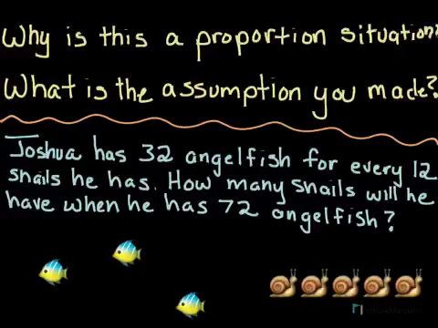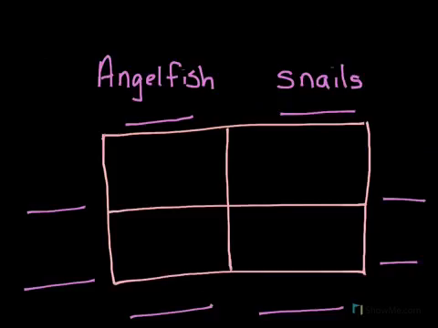One strategy to decide if it is a proportion situation is to use your factor puzzle. So, I drew a blank factor puzzle. I know from the problem that we are comparing angelfish to snails.